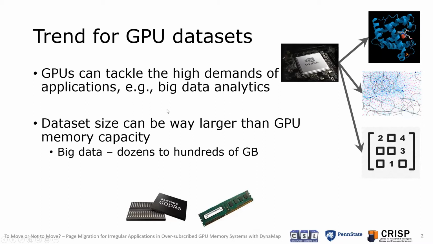However, current GPU's memory only has dozens of gigabytes, which means that it is likely the data set cannot fit, and it would oversubscribe GPU memory. It is expected the future data will grow larger and larger, and the situation of memory oversubscription will become more common.